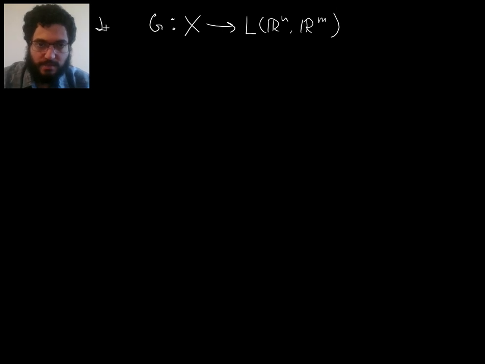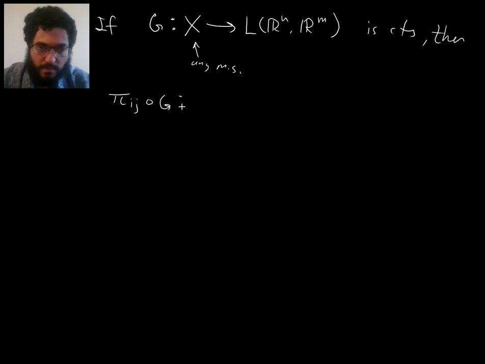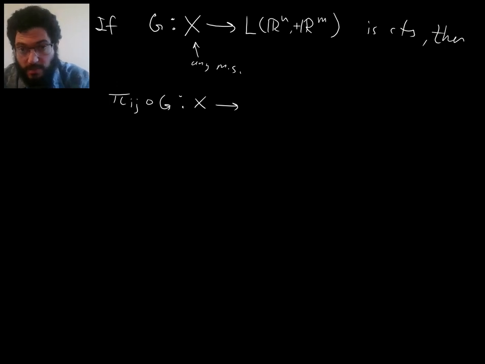So this is telling us if G, like this, is continuous, where this is any metric space, then these maps, these composites where you do G from X to L(R^n, R^m), and then from here to R, this kind of composition is continuous for all ij.